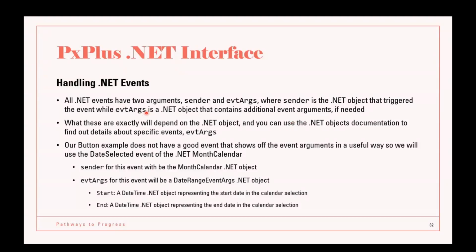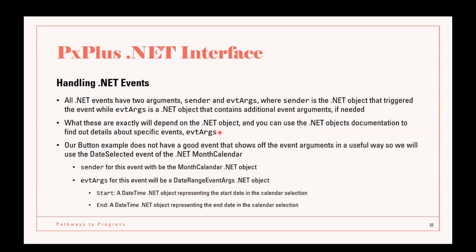Effectively, event args is an object that was defined for the purpose of passing additional information to the event. And each .NET object in each event may define a different object type for event args. And you'll find that in the documentation for whatever .NET object you want to work with.